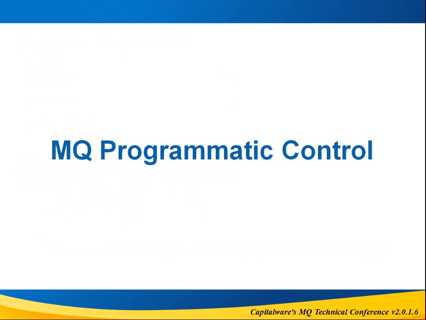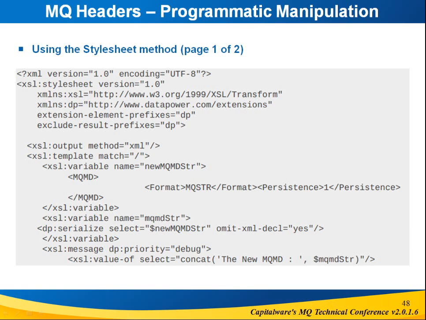Now, a few more things. Programmatic control. If you decide you want to use a style sheet to handle MQ, you can manipulate those headers in a similar fashion to the Inject Headers tab, but with a lot more programmatic control, with if then else's and looping constructs and all kinds of things like that.